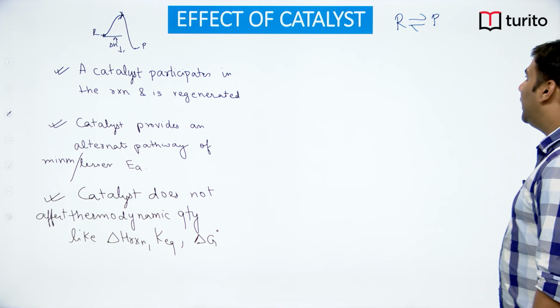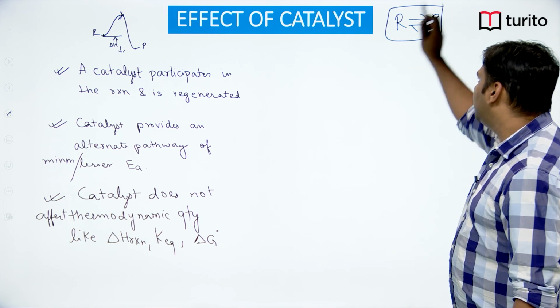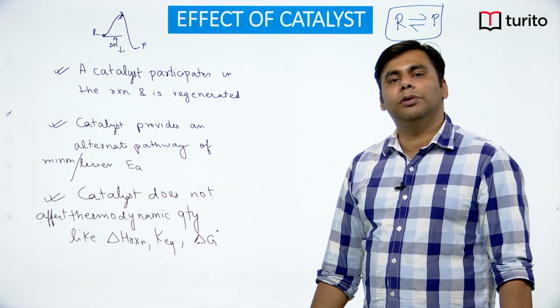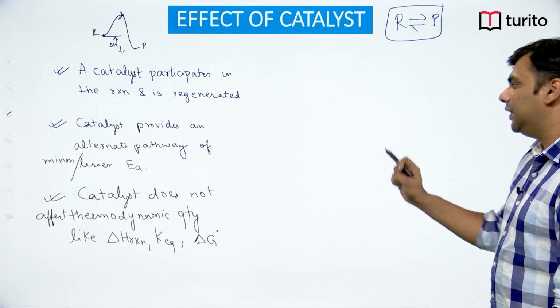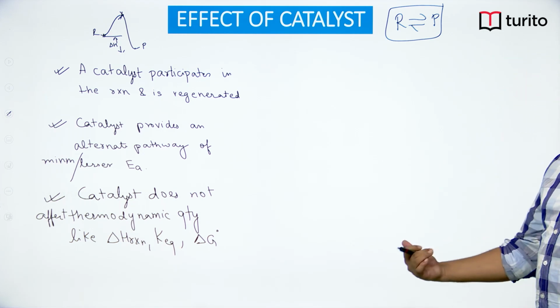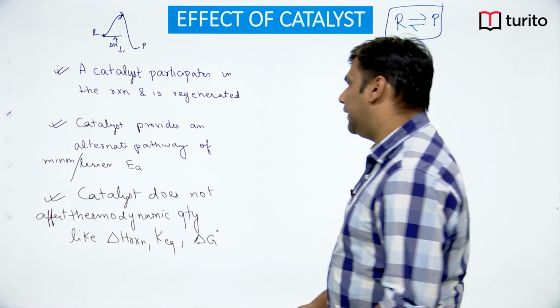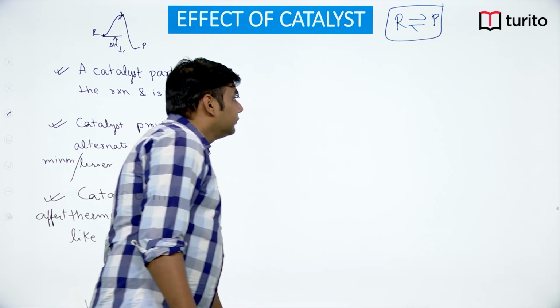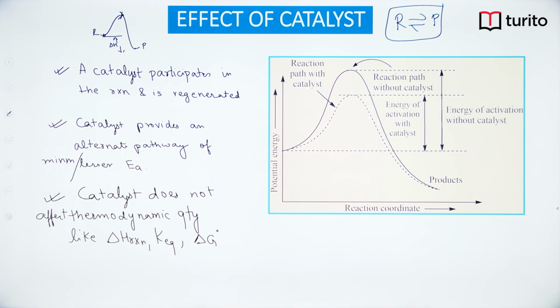Okay, but if you look at the equilibrium constant, it is not going to change the equilibrium constant. Okay, so basically catalyst does not affect thermodynamic quantity like Gibbs free energy, equilibrium constant and delta H of the reaction.